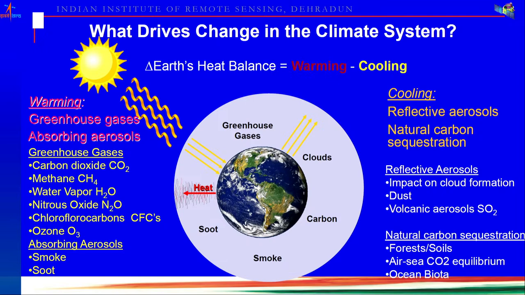If there is a complete imbalance in this heat balance, the polar regions become cooler and cooler, and some tropical and equatorial parts become hotter and hotter, so there will be no life on the earth. Anyhow, Mother Earth maintains this balance for the good of humanity and other life on the earth.